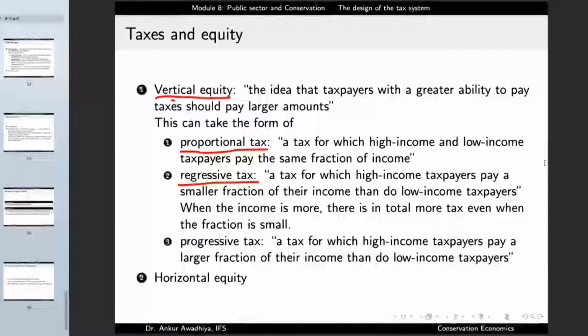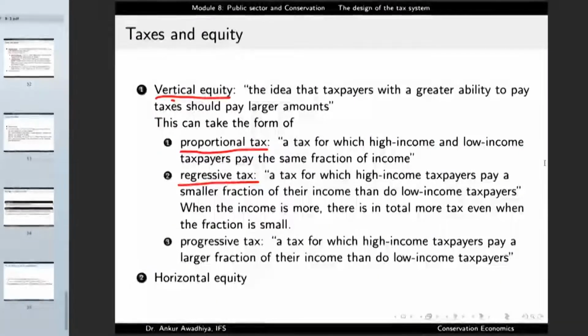But then this is a regressive tax system because the richer a person is, the smaller fraction of his or her income needs to be paid as taxes. So which is why we say that this is regressive. The higher you go in the income ladder, the lesser proportion of your income you have to pay as taxes. But here again, it is an equitable tax.